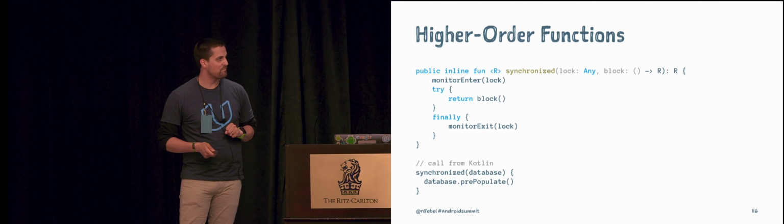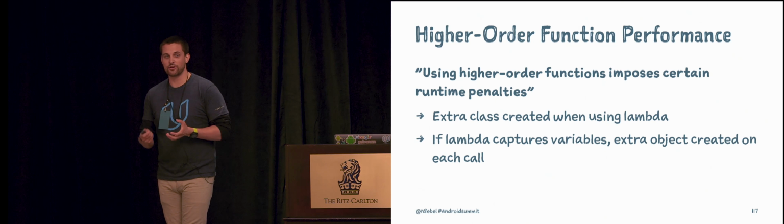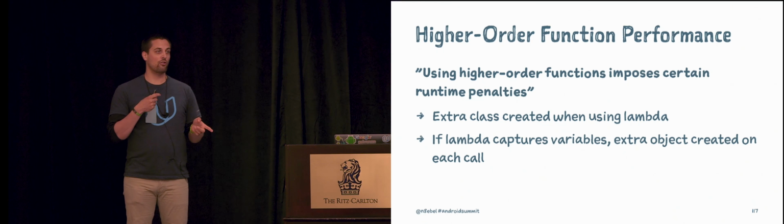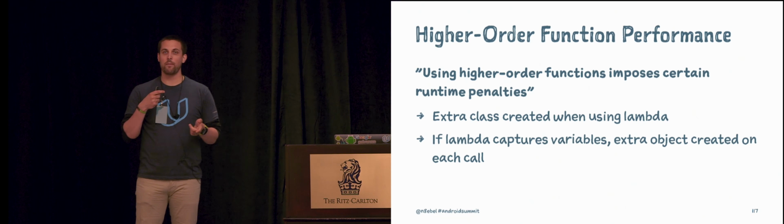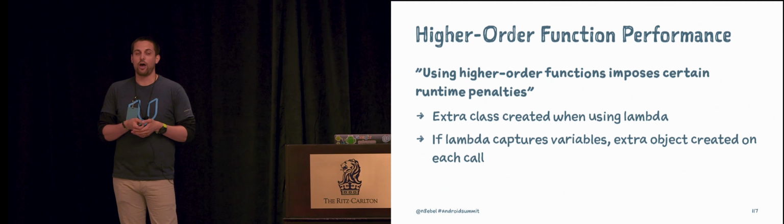However, higher order functions do come with potential runtime penalties. So we have extra classes created when using the lambda. And so if the lambda is capturing variables, you get extra objects created on each call. This is particularly a concern if you're going to be iterating over a large collection, perhaps doing many operations on that, and you might end up creating objects for each of those that are capturing more and more state.